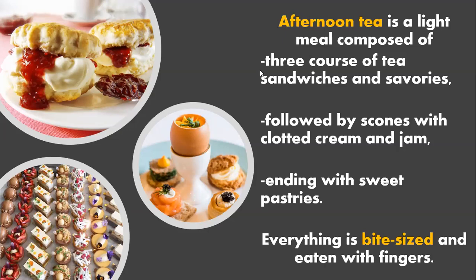So this is a very special meal. And you have 3 courses, okay? And you combine sweet and salty and sour and different salty food. So you have, as you can see, these special scones. And then what do you have in the second picture? How would you describe the second picture?